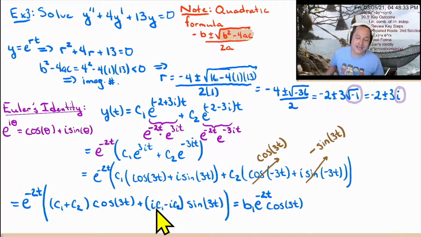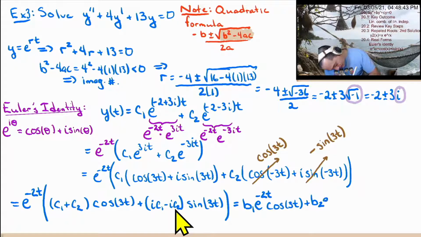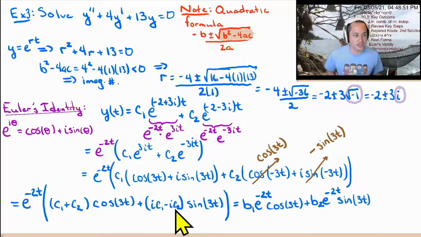And then here's an iC1 and minus an iC2. Why don't I just call that B2? And there we go. That is the sinusoid formulation of the solution, as opposed to the exponential formulation of the solution.